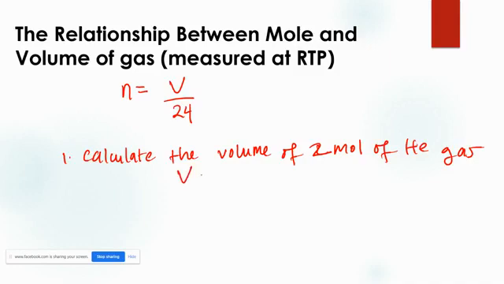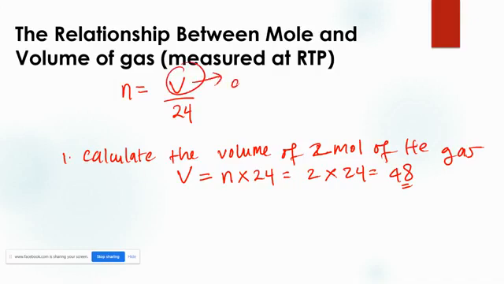So volume equals to moles, number of moles, times 24. 2 times 24, it's 48. Remember, once again, in this case, the volume must be in cubic decimeters or liter. So the answer is 48 cubic decimeters.